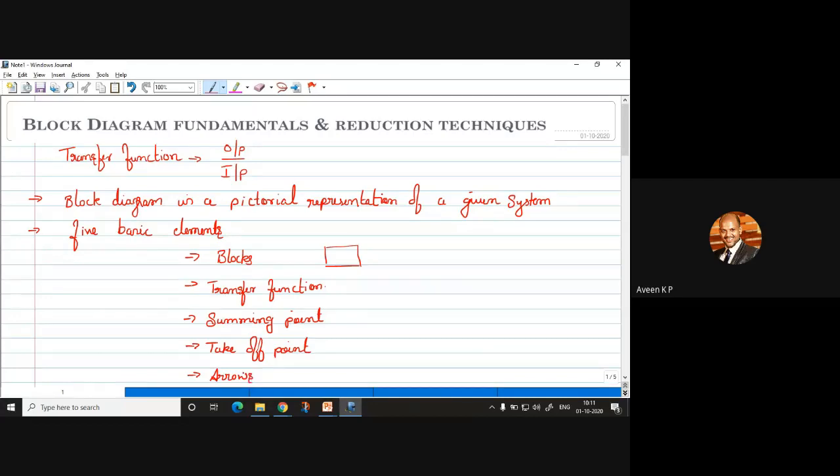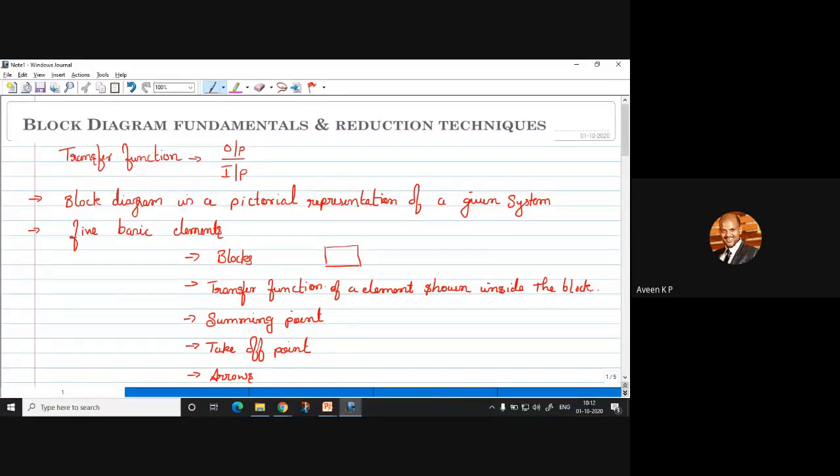So arrows will represent the flow of signal. The transfer function is what is shown inside the blocks. Transfer function of an element is shown inside the block.